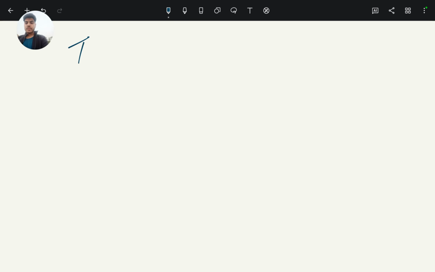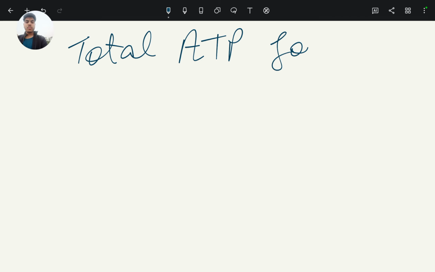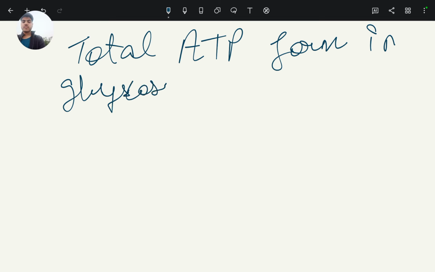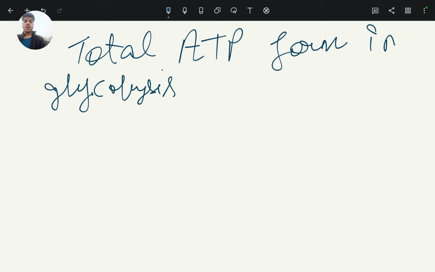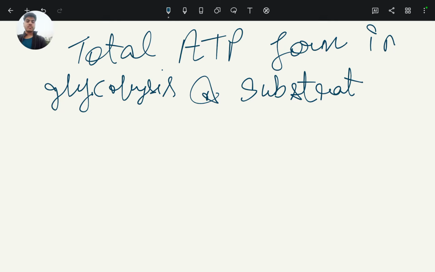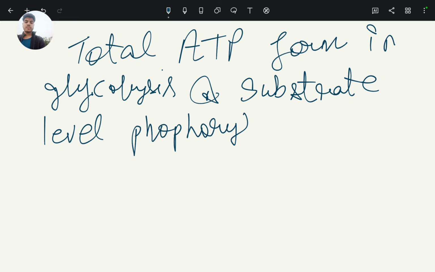So total ATP formed in glycolysis, or substrate level phosphorylation.